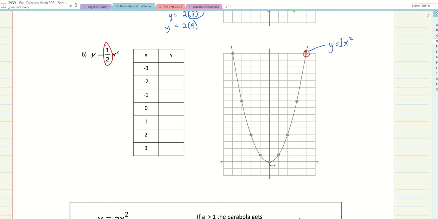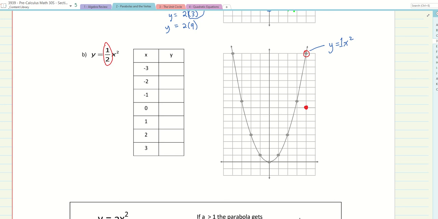I know that because I go 4 over and it's 16 up, because it's squared. So if I multiply my height of 16 by a half, I'm only going to go up to 8. I'm only going to go up to there.